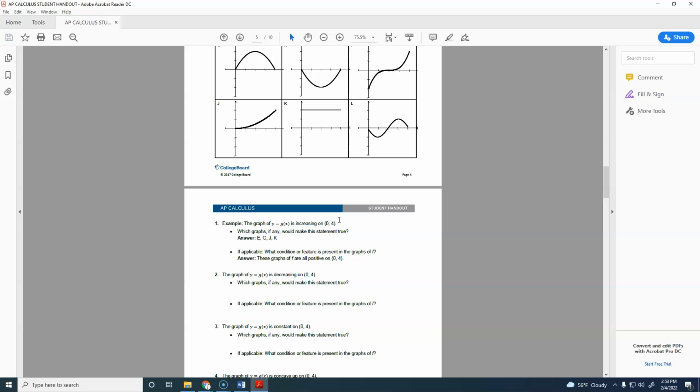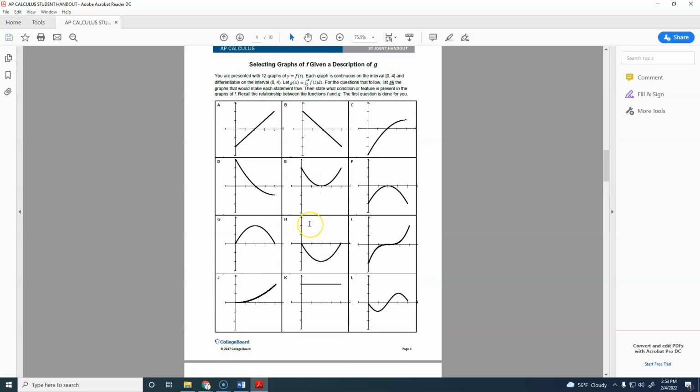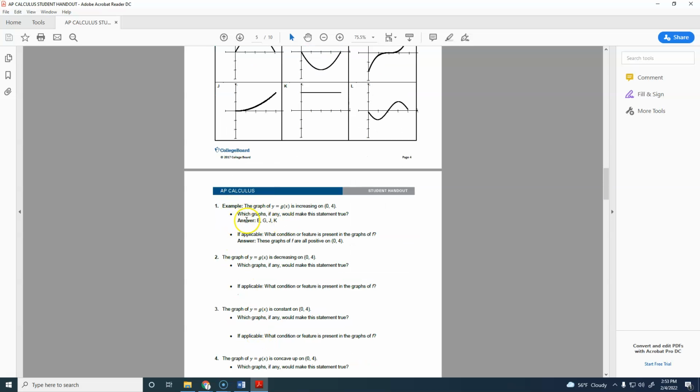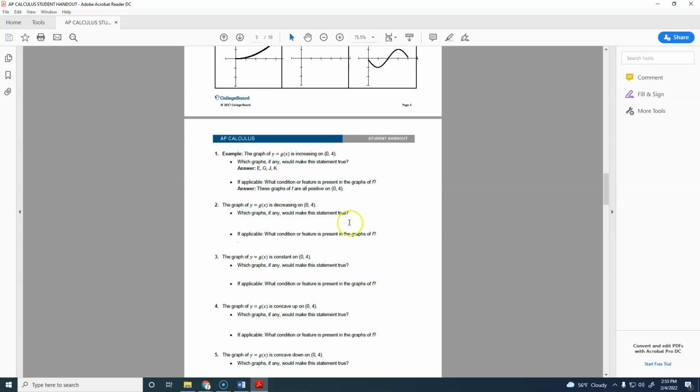F has to be positive everywhere. So which graphs there do you see that are positive everywhere? E, G, K, and J. So those are your ones that you have as your answers there. And the reason is that their F is positive for all of these.